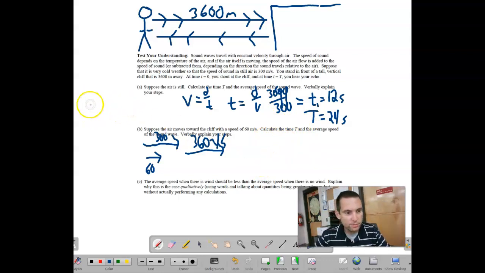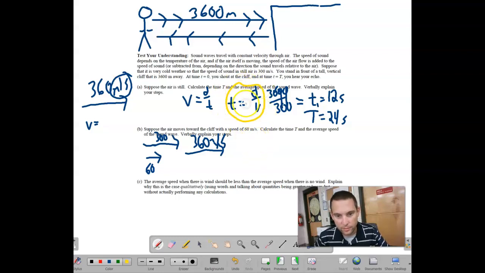Okay. Calculate the total time and the average speed of the sound wave. All right, so for the first part, we are moving in this direction with 360 meters per second for 3,600 meters. So we have a velocity and we have the distance. Velocity equals distance over time, and we're going to use the same t equals d over v.